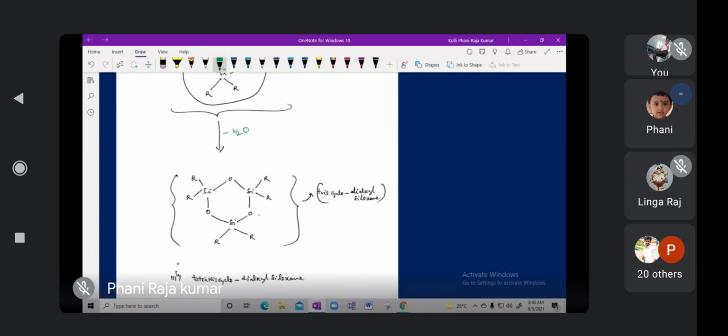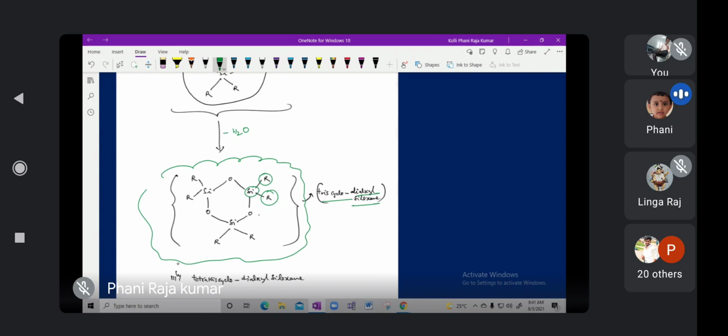This is the cyclic silicone containing 3 silicon atoms. It is called tris-cyclo dialkyl siloxane. Near each silicon, two alkyls are there, that's why cyclo dialkyl siloxane. Three units are there, so that's why tris.